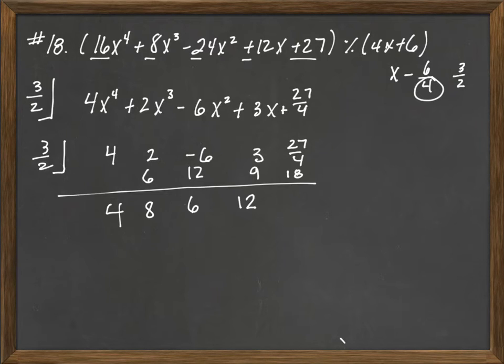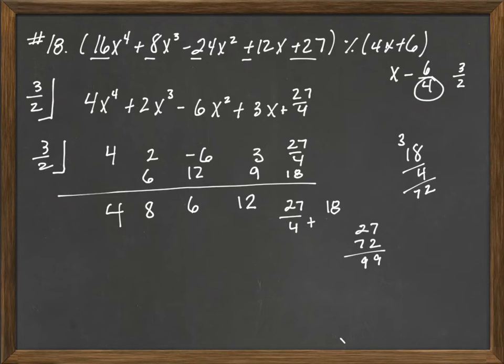So you have 27 over 4 plus 18. And so let's see, 18 over 4 times 4 is 72. So 27 plus 72, I'm just trying to get this last fraction added, is 99/4.